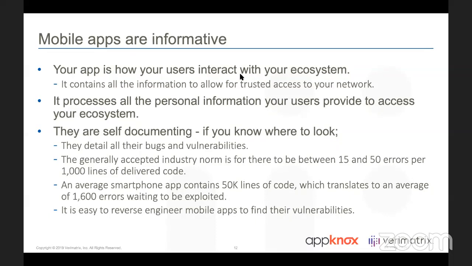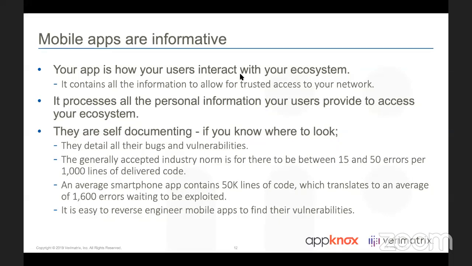The other danger, which I'm highlighting here, is that software, particularly mobile apps, are self-documenting. If you're reasonably skilled at reading code and reverse engineering, then an application tells you everything you want to know about it. It tells you all the bugs that are there, all the vulnerabilities. And the simple fact is, the average is for every 1,000 lines of code to have between 15 and 50 bugs within it.